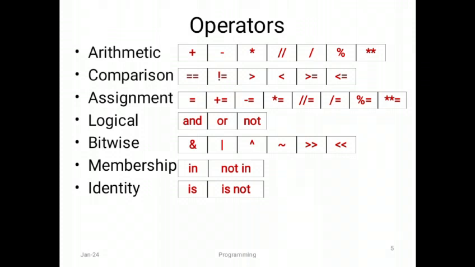Then assignment operators: equal to, plus equal to, minus equal to, into equal to. Then logical operators: and, or, not. Bitwise operators are and, not. Membership operators: in, not in. Identity operators are is, is not.